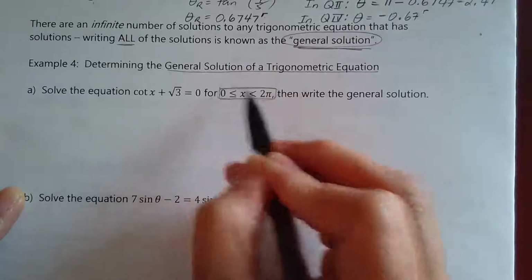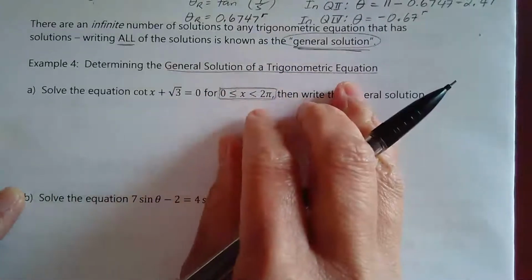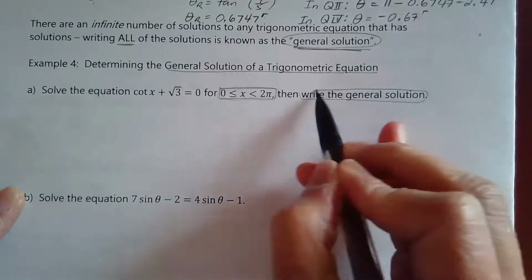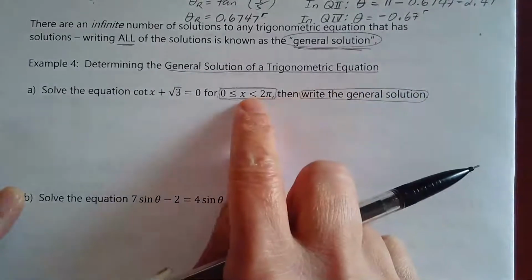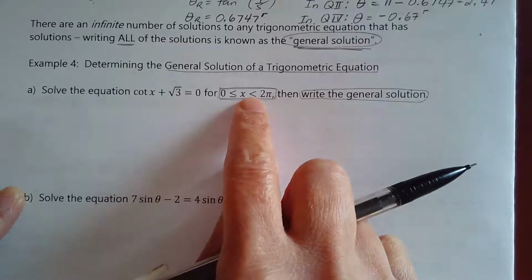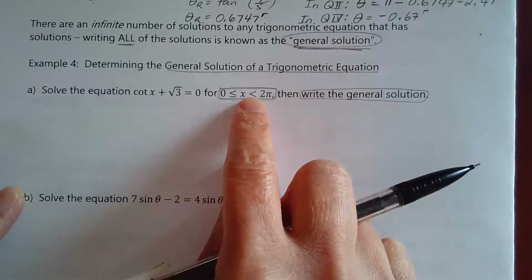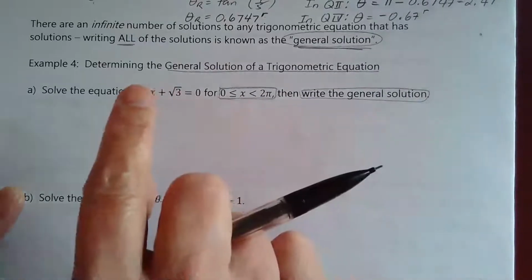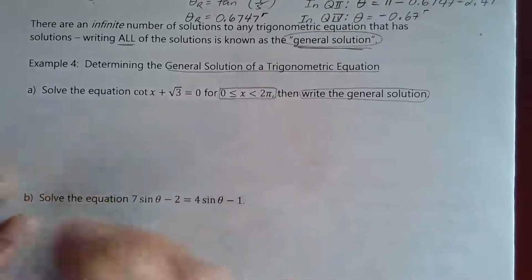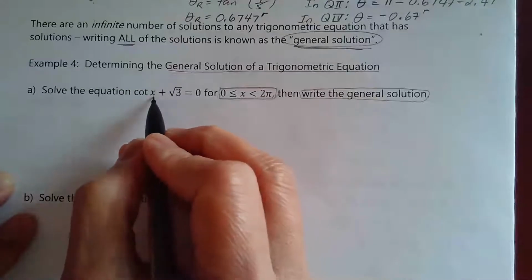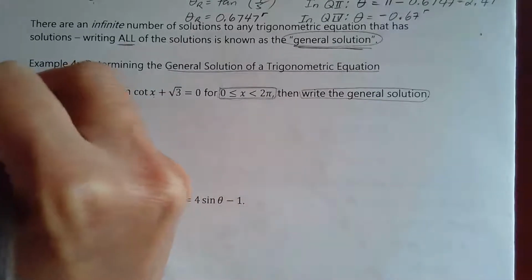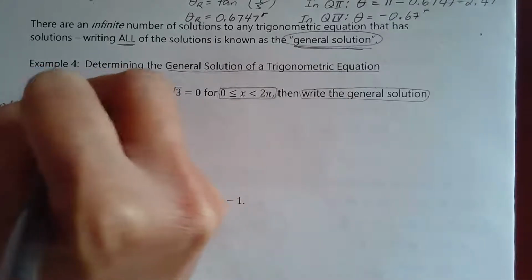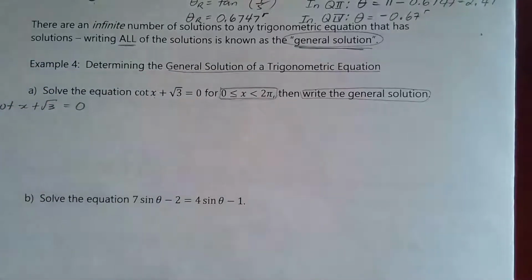Once we see the pattern, we're going to see that there are a lot of coterminal angles, and then we're going to write down the general solution. Let's try that one right now. So cotangent of x plus root 3 equals 0.